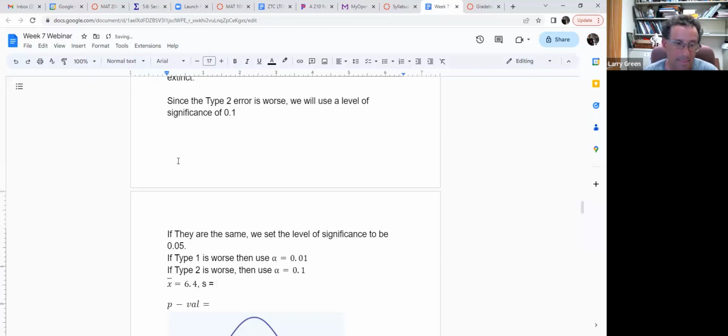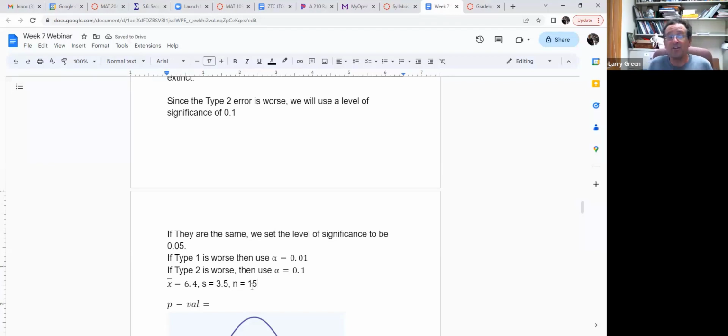Let's say S was equal to 3.5, just for fun, and let's say N was equal to 15.